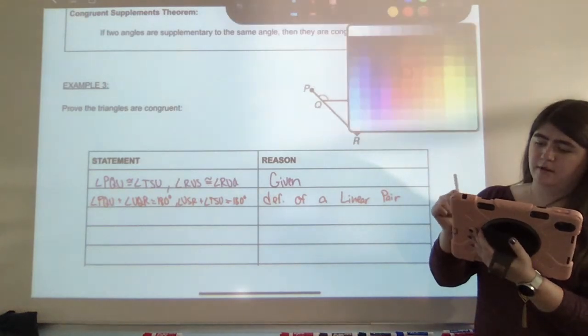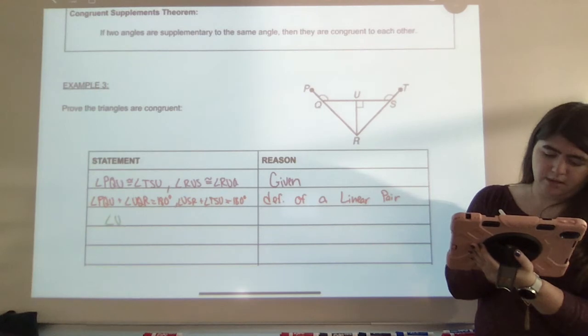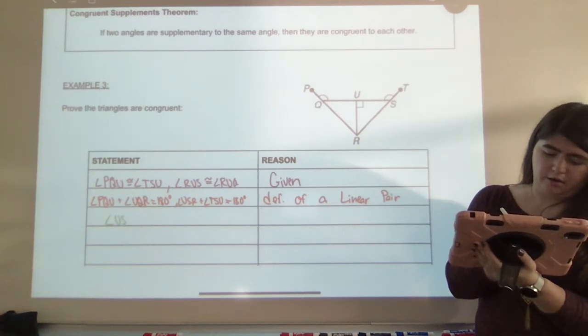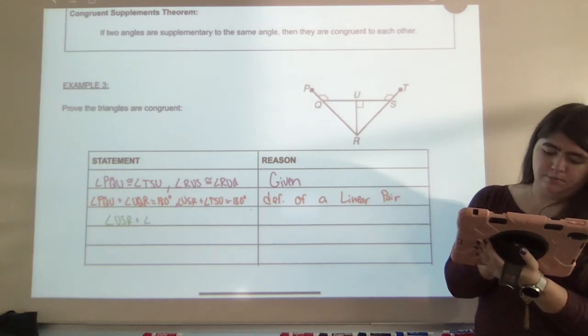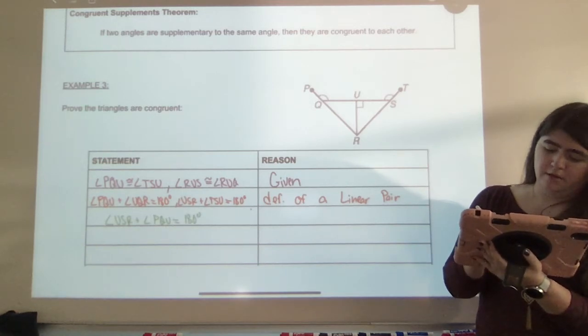So I have my next line, angle USR plus angle PQU is equal to 180 degrees using the substitution property.